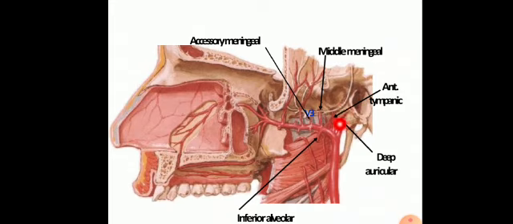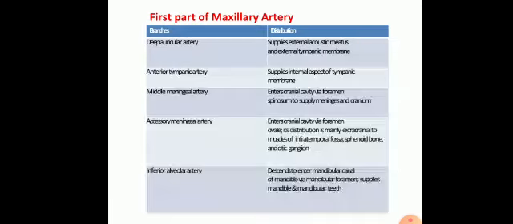The two arteries that pass to the ear are the deep auricular artery and anterior tympanic artery. The two arteries that pass to the middle cranial fossa are the middle meningeal artery and accessory meningeal artery. And the third artery that passes to the mandible is named the inferior alveolar artery.